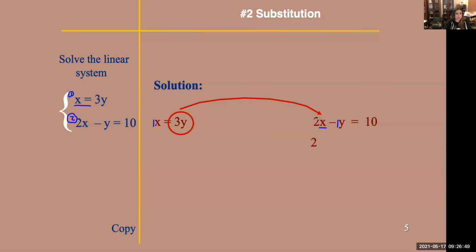So we're going to have 2, that stays the same, but instead of x, we're going to plug in that 3y. The negative 1y is going to come down. Again, you guys can add that 1, equals 10. You guys can multiply this, 2 times 3. 2 times 3 is going to give me a 6y.